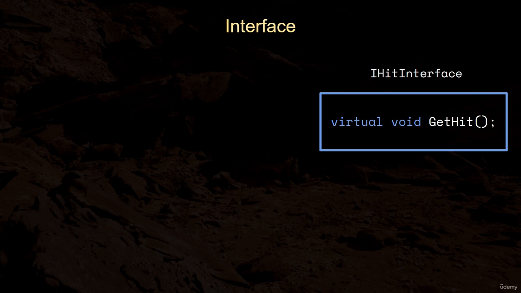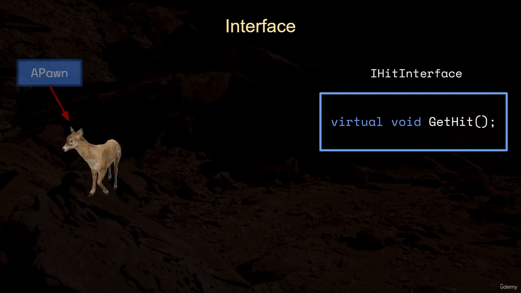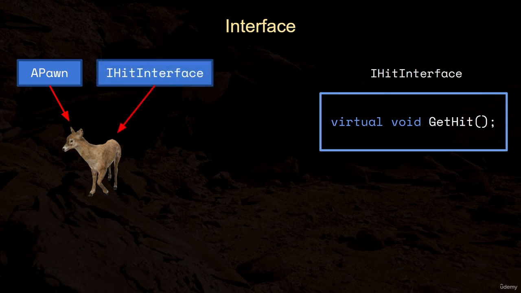So we'll have the function prototype like this in the header file, where we declare a new function, but we never actually specify in the interface class what the function does. Now, this interface can be inherited by other classes. So we may have a deer class that inherits from pawn, for example, and we can also inherit from our interface class as well. So the deer is both a pawn and a hit interface.